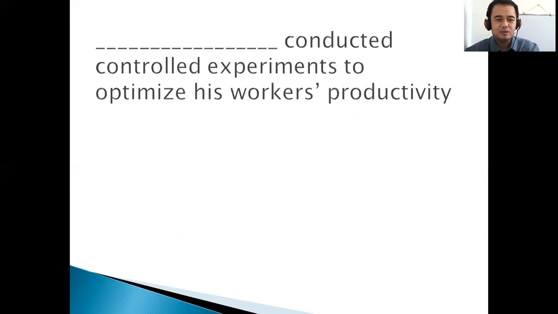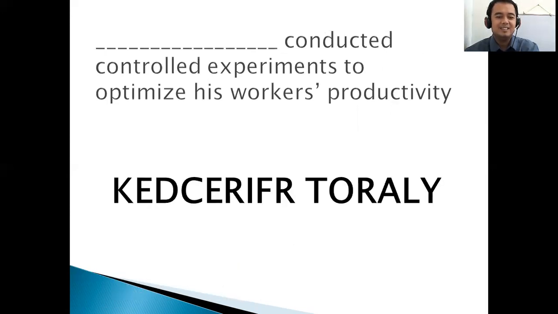Blank conducted controlled experiments to optimize his workers' productivity. Who is this person? A scientist. Starts with F, and the other one is T. First name and surname.